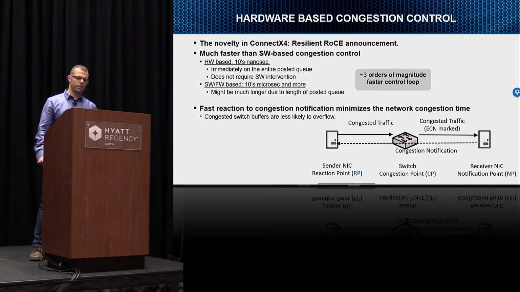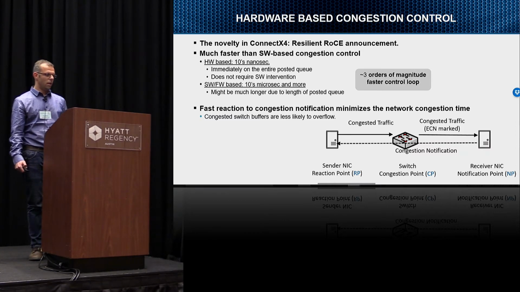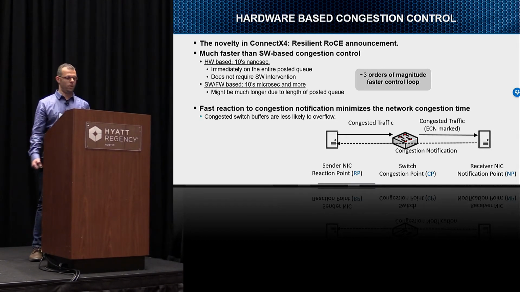And the reason for that is that hardware-based congestion control is much faster than software-based implementations. For example, the reaction point can react in the order of tens of nanoseconds from the arrival of a CNP to rate reduction, compared to software or firmware-based implementations that took tens of microseconds and even more to react.